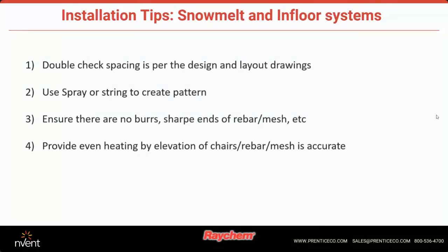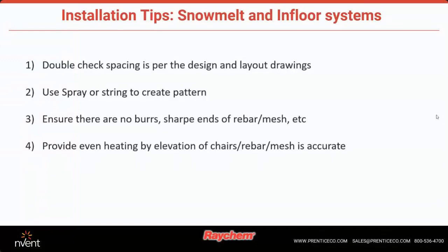Providing heating evenly is our goal, especially when it comes to snow melt. So what that means is if you have cables that are on a mesh that are lifted up with chairs that are elevated to an exact dimension, so typically we recommend about 1.5 to 2 inches below the surface, that's very critical that that's as even as you can get in a surface area.